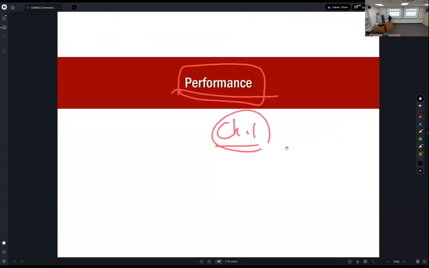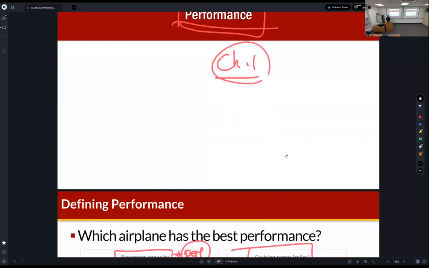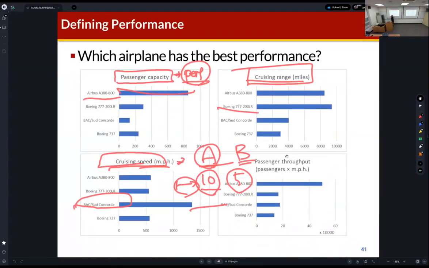So this time, we will learn about the performance metrics of computer systems. In the previous class, I showed this analogy, which shows some different metrics of performance, the performance of aircraft.